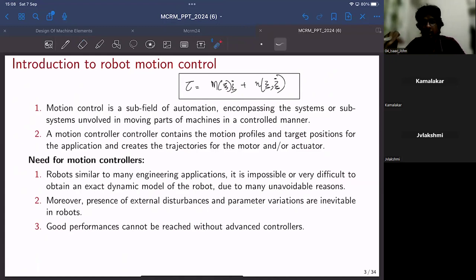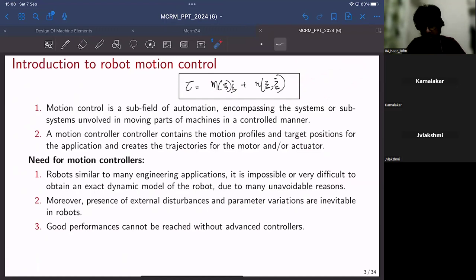With just a dynamic model, if there is any deviation in any of these parameters, and due to the influence of unmodeled dynamics, the robot may not track the desired trajectory that it is intended to.